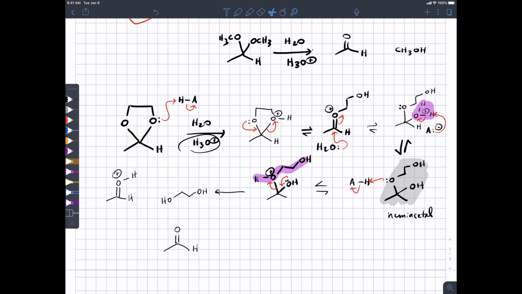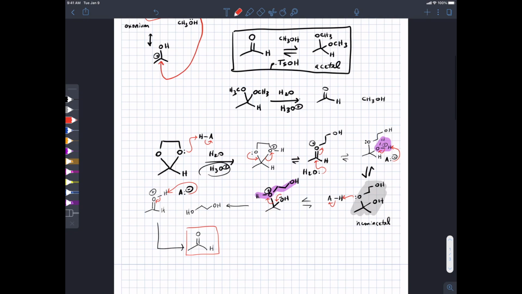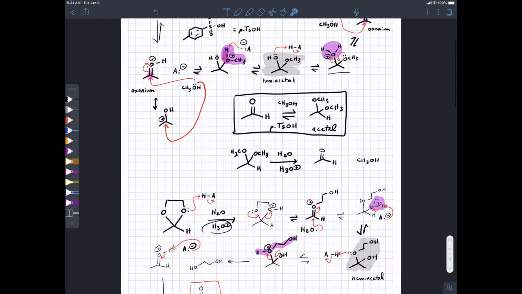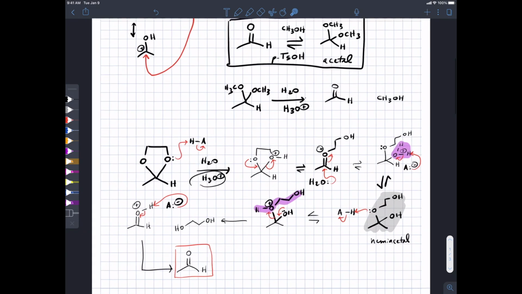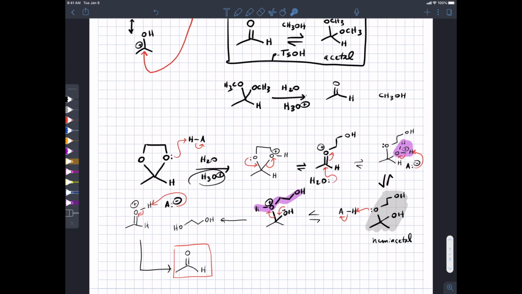So to get from there to our aldehyde product is a simple matter of using the conjugate base of our acid to remove the proton, and then we get the aldehyde. And again, the thing that's going to drive this to completion is the fact that you are adding an excess of water. Under acid catalyzed conditions that facilitate this equilibrium, the excess of water is going to push you towards the aldehyde product. All right.